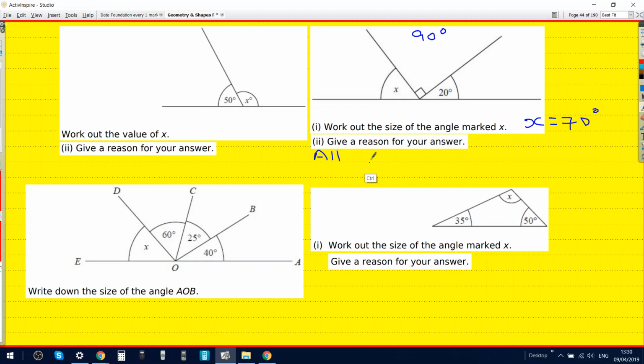So try bottom left. Yeah, a bit rusty on this. Need to brush up on it. Write down the size of angle AOB.